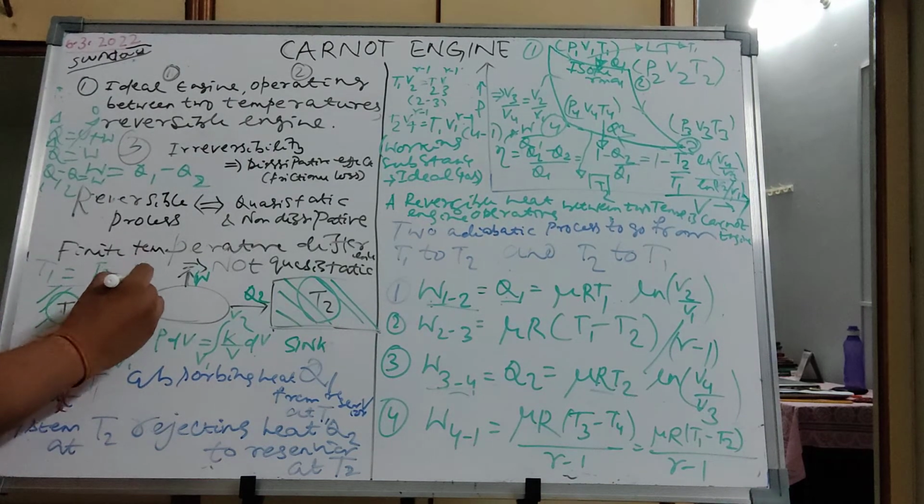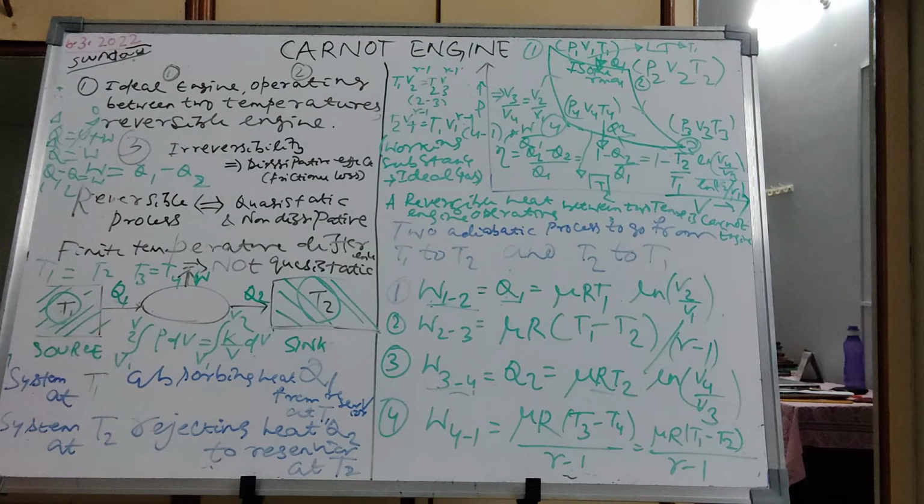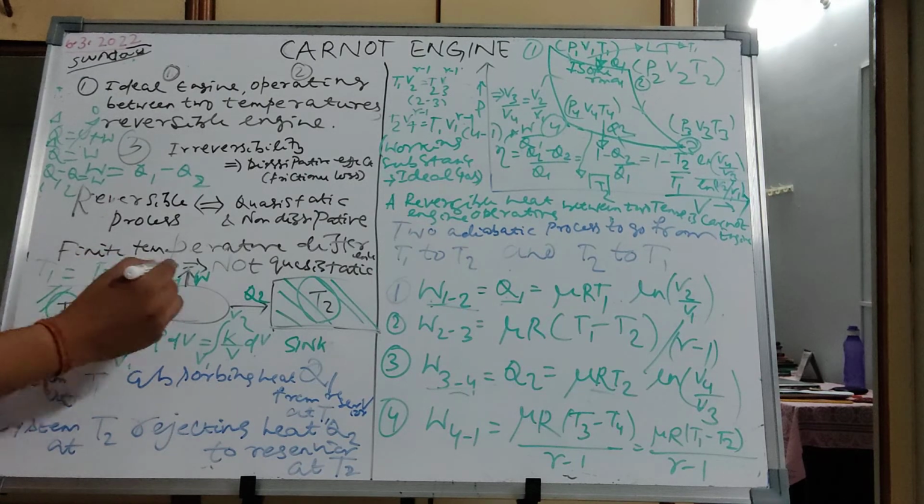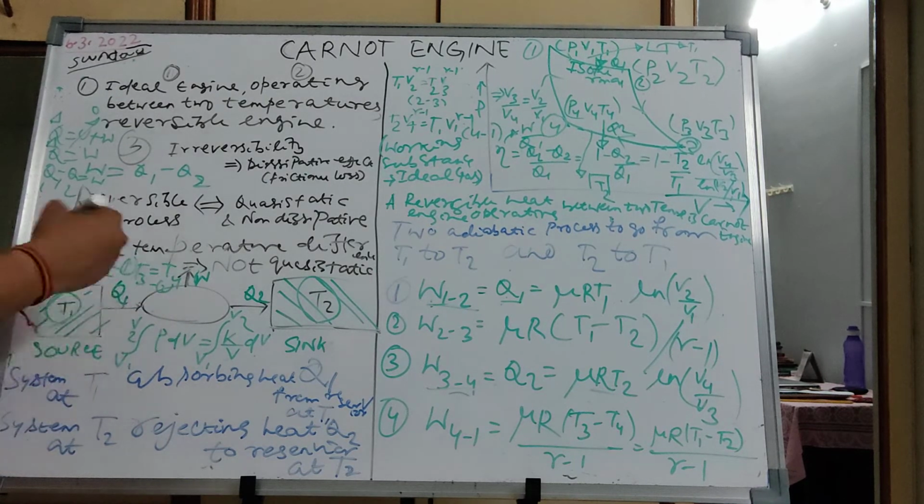Then T3 is equal to T4, that you also know, right? Yes. So if T1 is equal to T2 and T3 is equal to T4, then T1 minus T3 is equal to T2 minus T4. Yes.